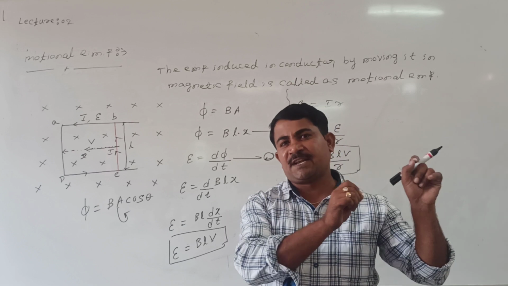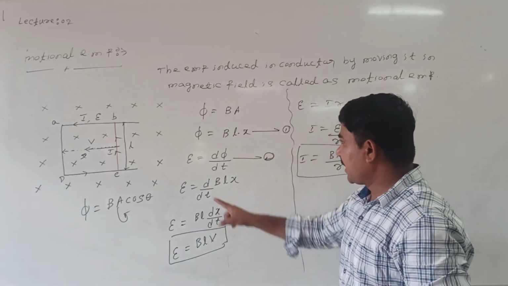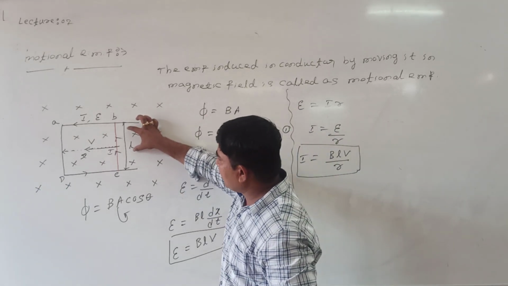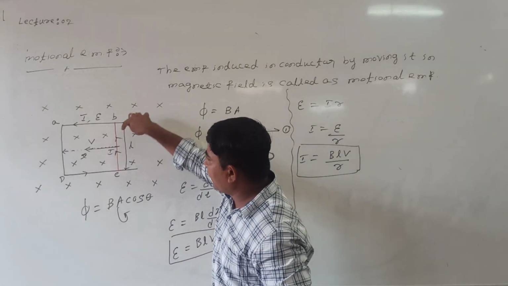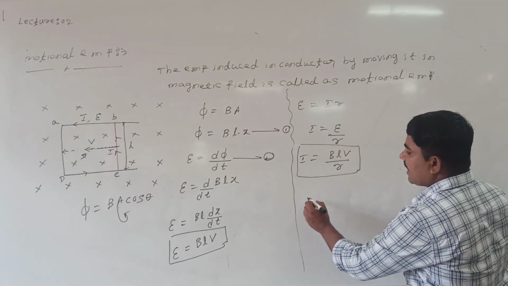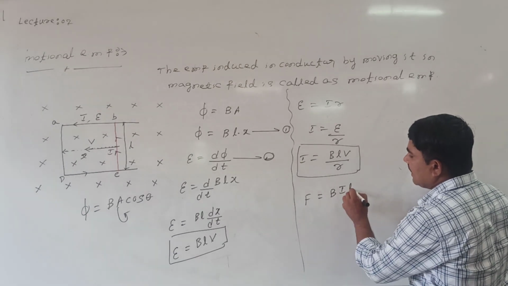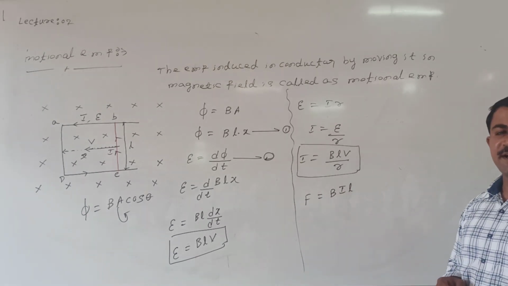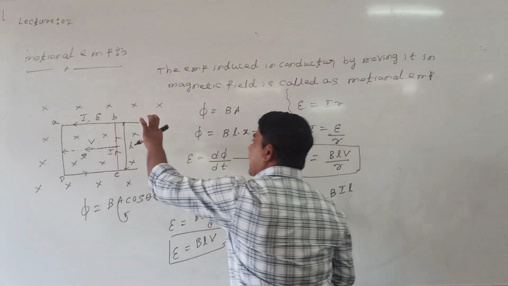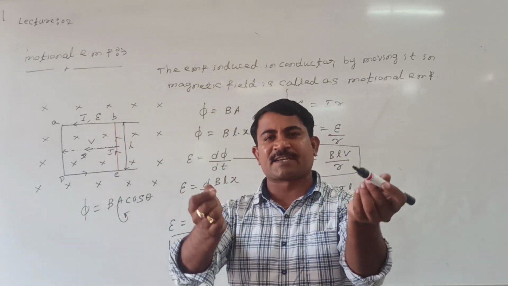You saw this concept in the last chapter, moving charges and magnetism. When a conductor of length L carrying current I is placed in magnetic field B, it experiences a magnetic force F is equal to B I L. If the conductor moves, all the mechanical power applied is dissipated as electric power.